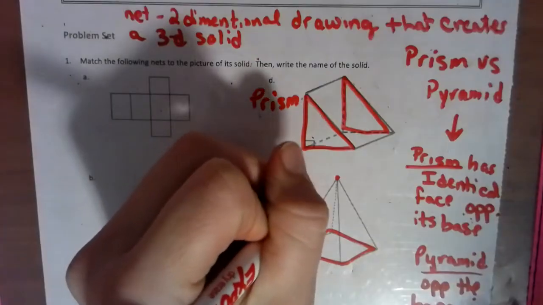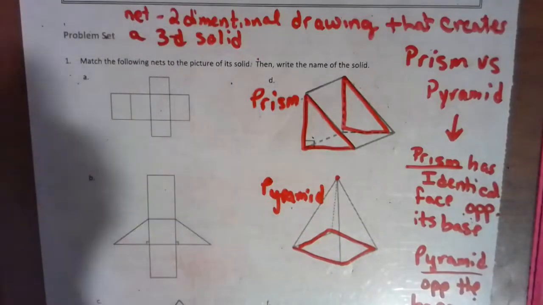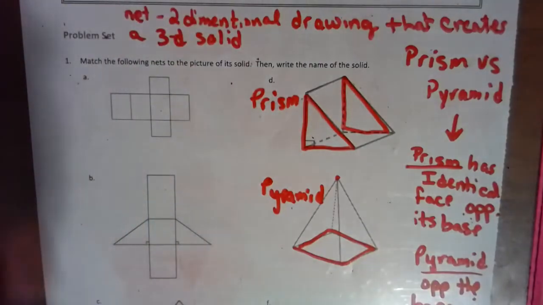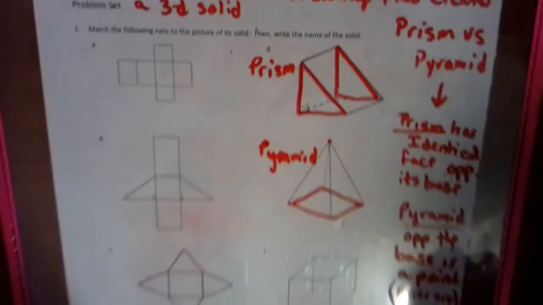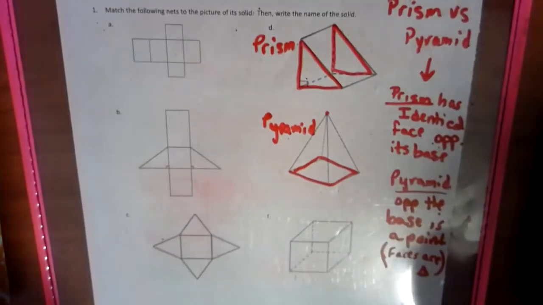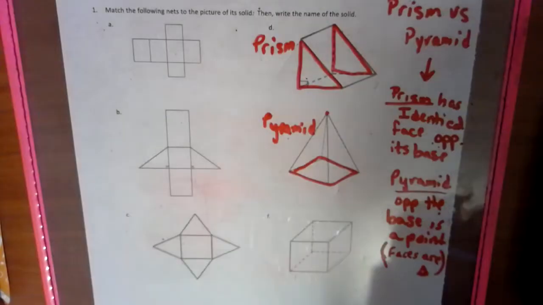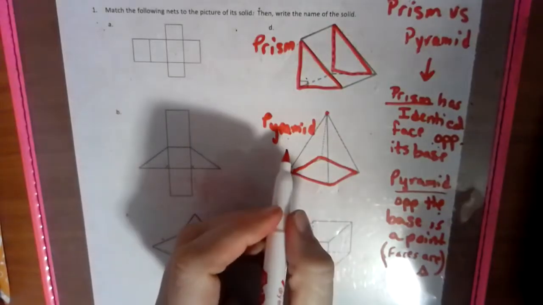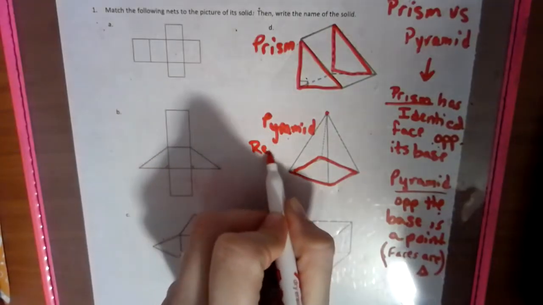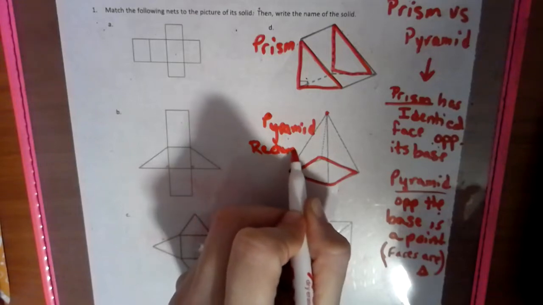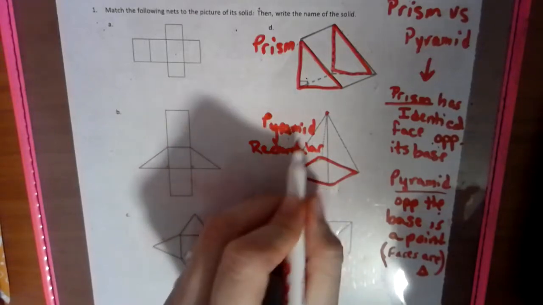So what we're going to be doing today is looking at what their specific names are and matching their net to their actual piece. So I'm just going to raise this up a tad. So here we go. So this right here is a rectangular pyramid.